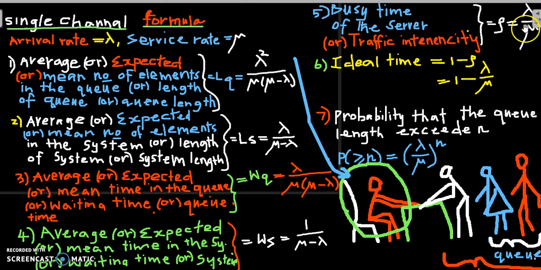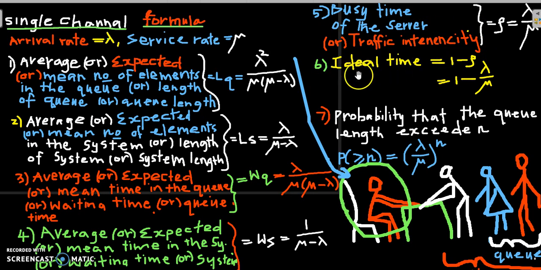So rho equals lambda by mu, where lambda is the arrival rate and mu is the service rate. If you divide the arrival rate by service rate, what you get is called the traffic intensity, or busy time of the server. In different ways it is called.